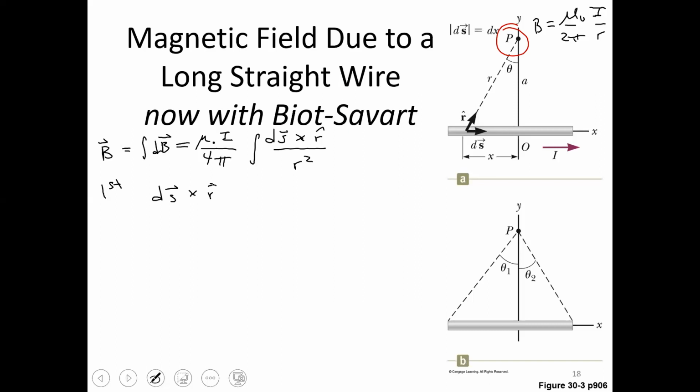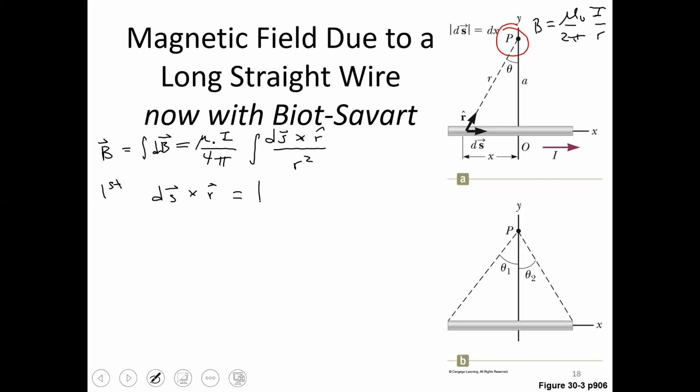I'm going to try to get that cross product of ds crossed with r hat in a form that makes sense. So the way I have defined my current element, I have put my P on a y-axis and I've said my current is going along the x-axis. The reason I've done that is to try to make my life easier so that when I do a cross product, I know that ds crossed with r, those two vectors are in the xy plane.